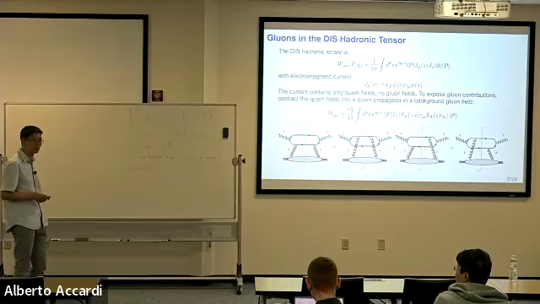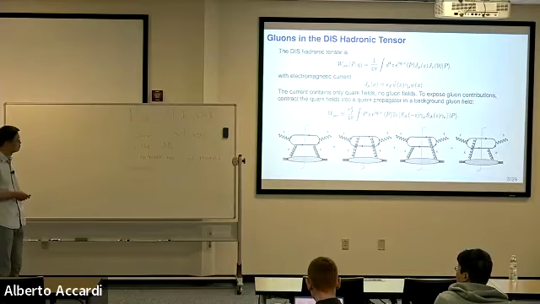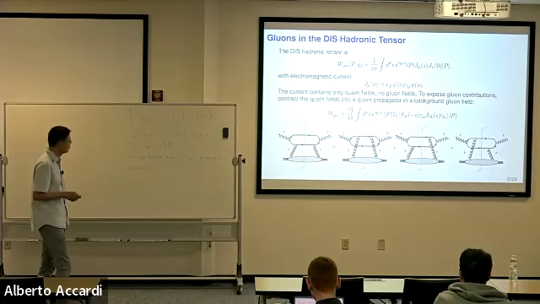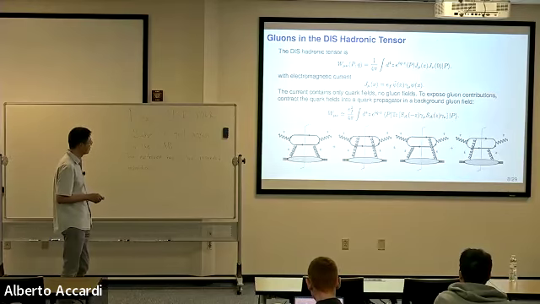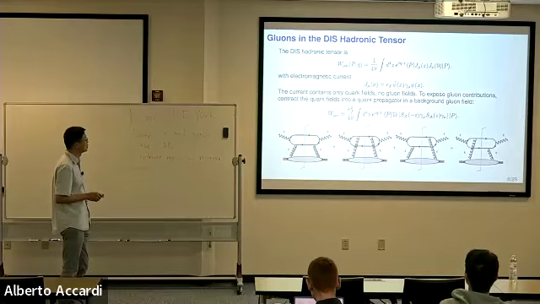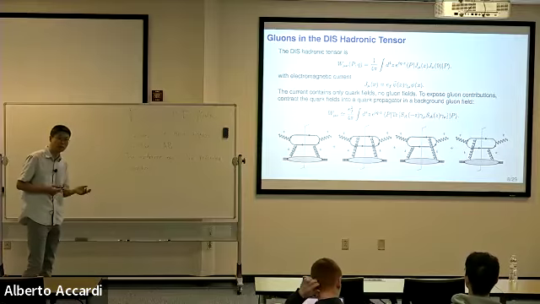Now we'll discuss this more mathematically and rigorously. We want to talk about gluons, because gluons are important in the small x regime. So we should first revisit how gluons enter in the Bjorken limit.